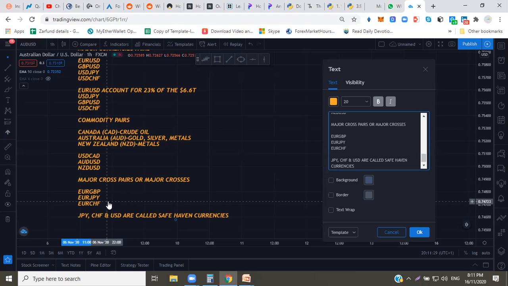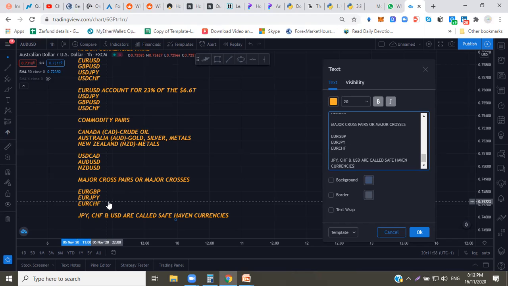For example, with USD/CAD, when you know that the CAD is a commodity currency, it tells you that whatever movement is happening in oil, if the price of oil is rising or falling, it is definitely going to affect the Canadian dollar, because this currency is very tied to the crude oil market.